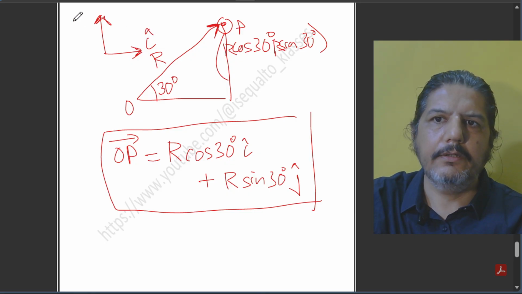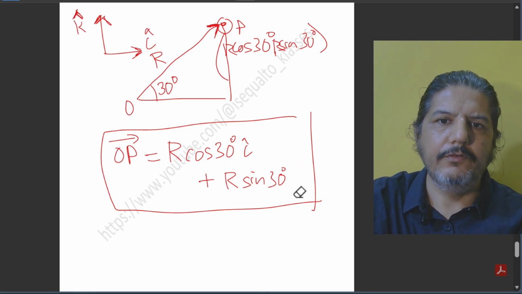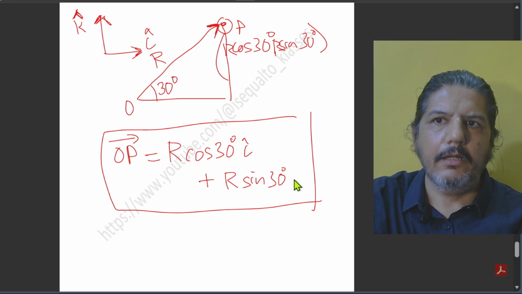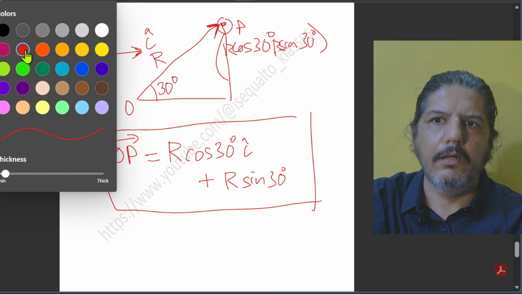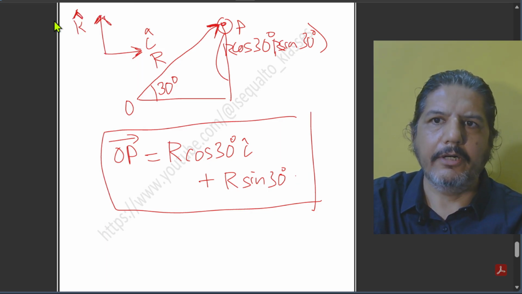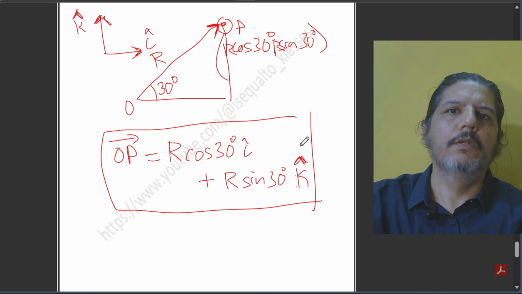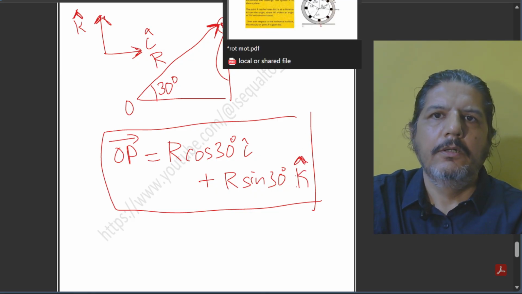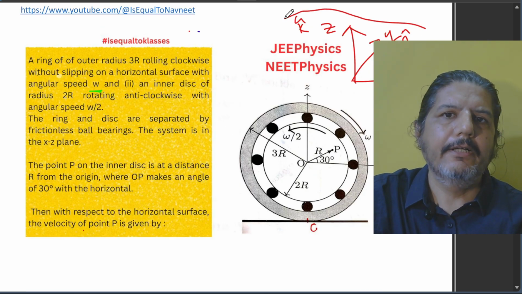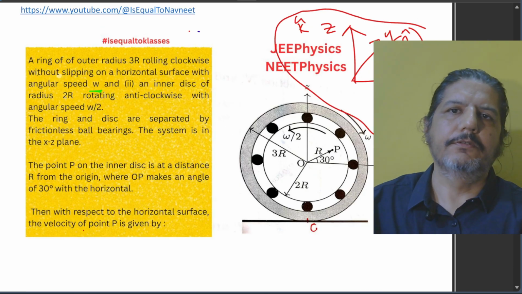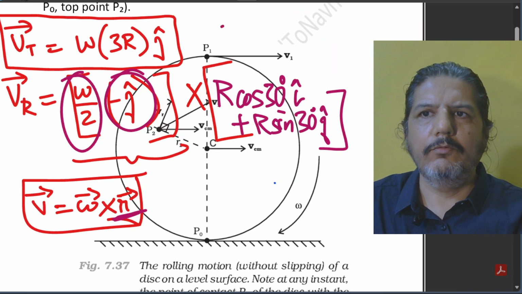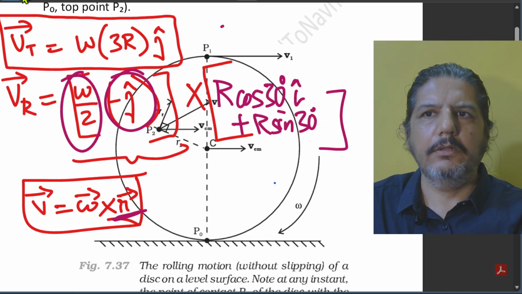This is I, this is K. So this won't be J. For us, this would be K. Hope this is making sense. Because our Cartesian system is like this, the position vector won't be J, this will be K.